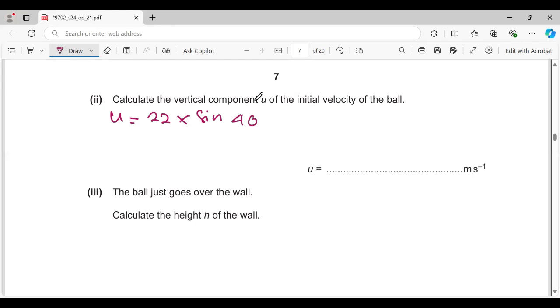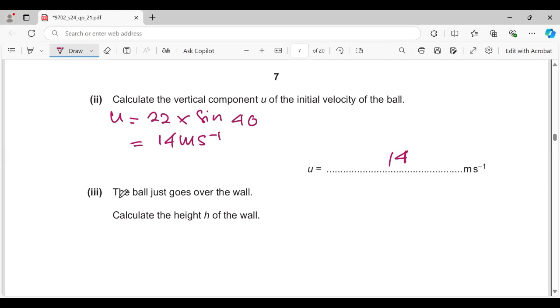Just now it was cosine, but this is sine. So the initial vertical velocity equals 14 meters per second. So this is 14.